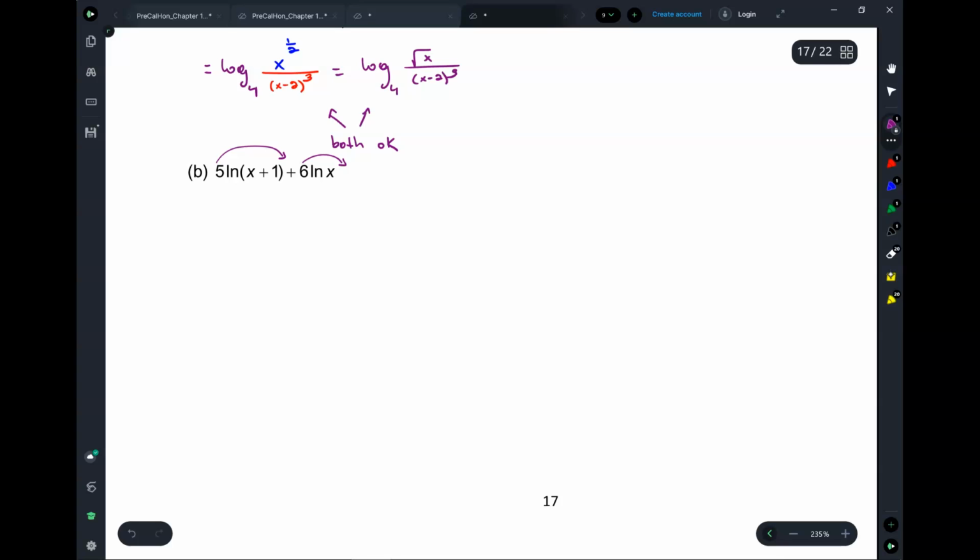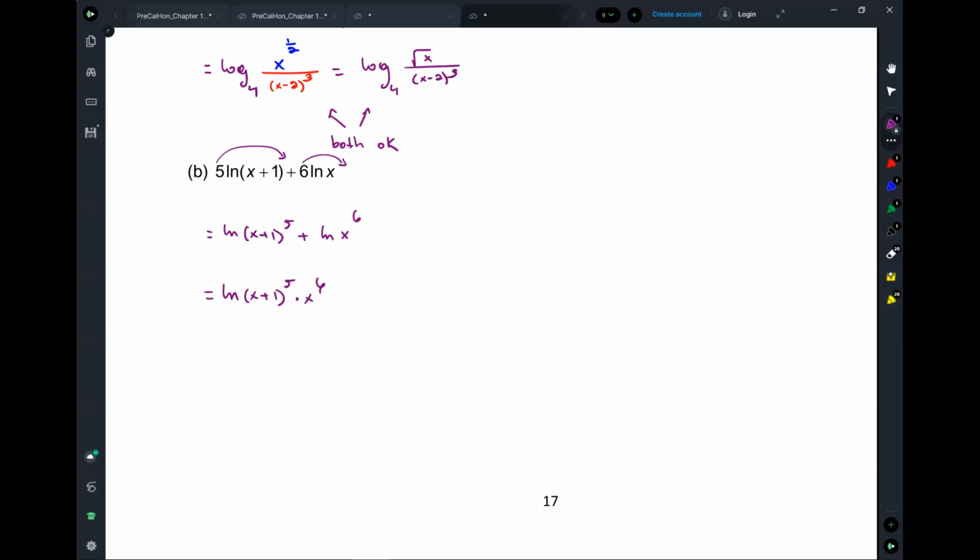Here, this is ln of x plus 1 to the 5 plus ln of x to the 6. This is ln of x plus 1 to the 5 times x to the 6.